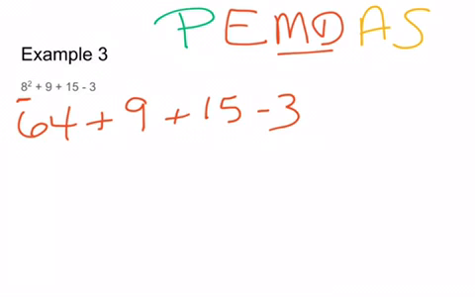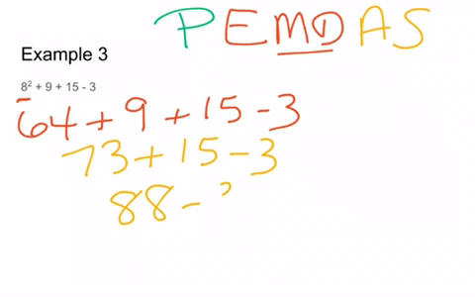It's up to you because that's all we have left. 64 plus 9 is 73. 73 plus 15 is 88. And 88 minus 3 is 85. So we have our final answer, and that is 85.